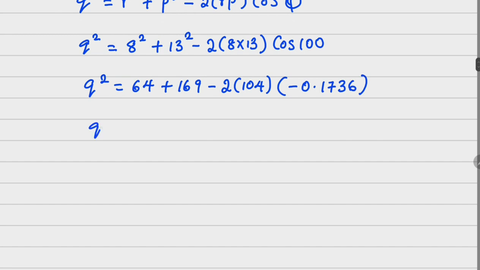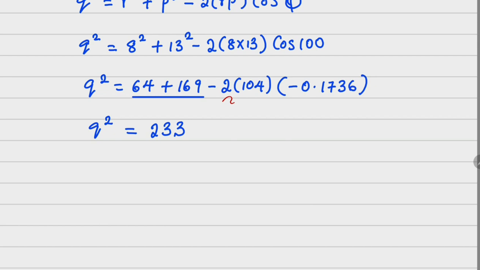So take note of that. q squared now will be equal to, now I can add this, which is 64 plus 169. We are going to have 233.